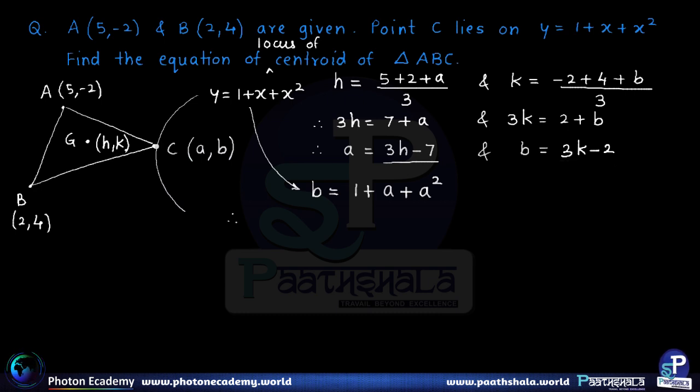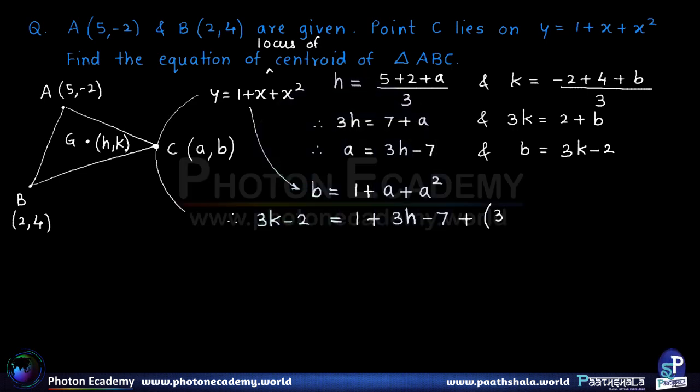So putting b as 3k - 2, we have 1 + (3h - 7)².